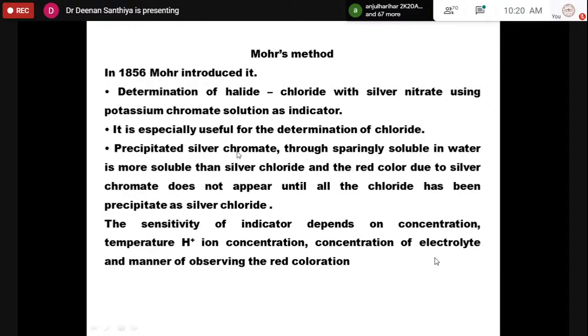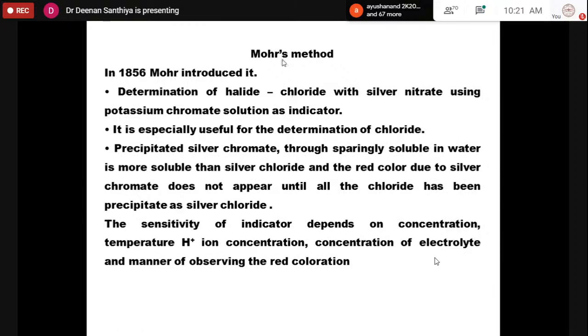What will happen if you take silver nitrate in the burette and, in the conical flask, chloride solution along with the potassium chromate? You are mixing the silver nitrate with chloride solution containing potassium chromate indicator. When you add dropwise, silver chloride forms as a precipitate.